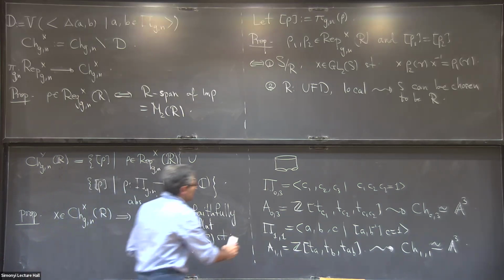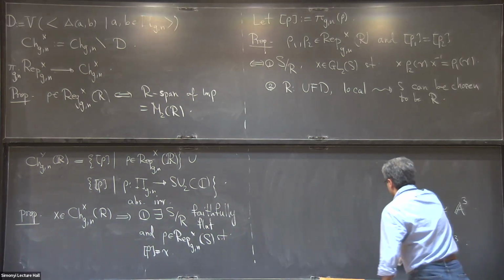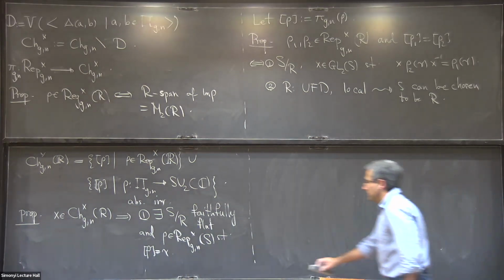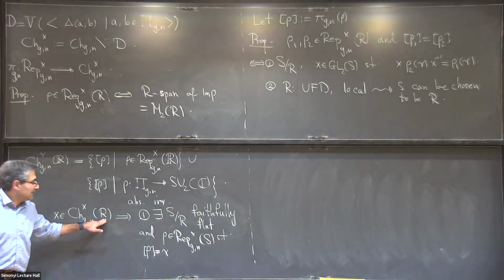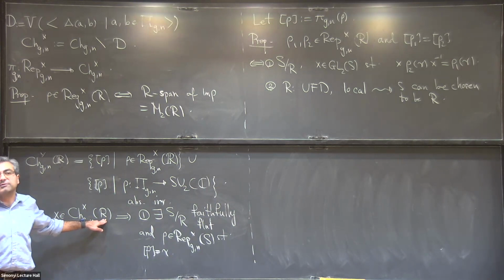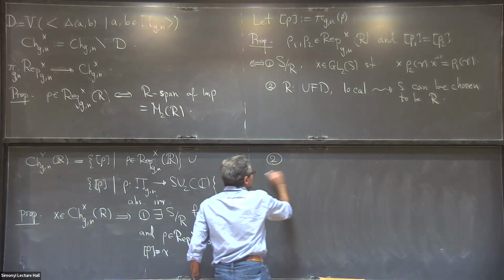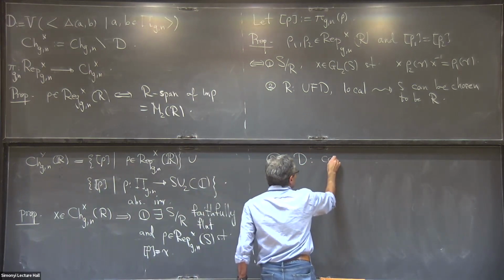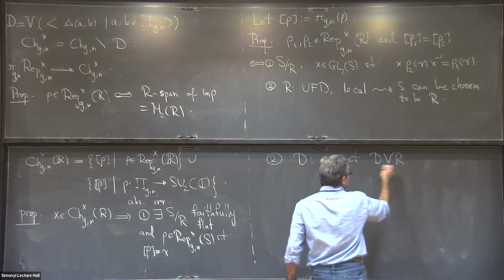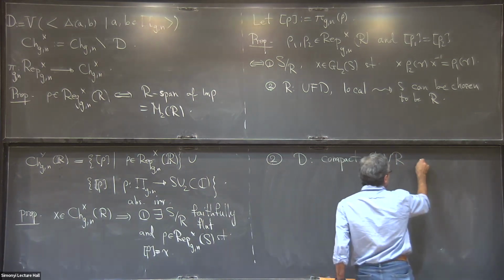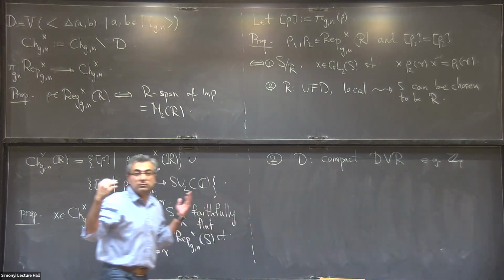Now, if the ring R is a bit nicer, and the p-adic integers is the ring that I'm interested in, so if D is a compact DVR, like the p-adic integers, a discrete valuation ring, then you don't need to go to a larger ring.